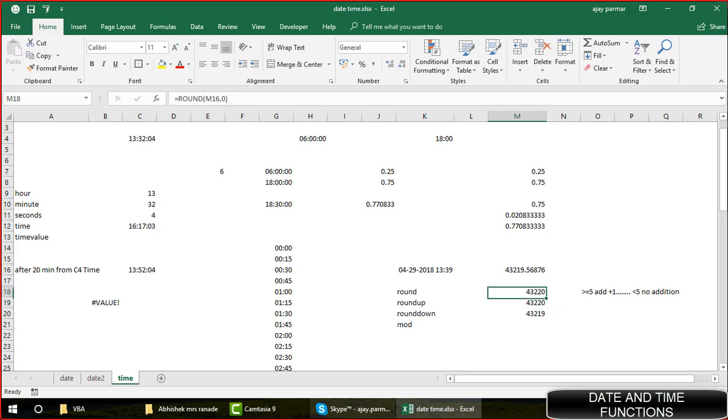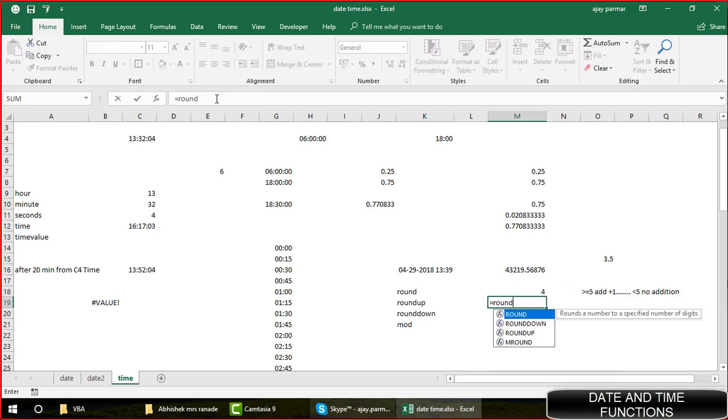Let me show you. Let's say I write 3.3 here. If you round it by 0 digits, you'll get 3. But if you change this to 3.5, or 6, or 7, or 8, this is going to round, and you'll get the greater number.